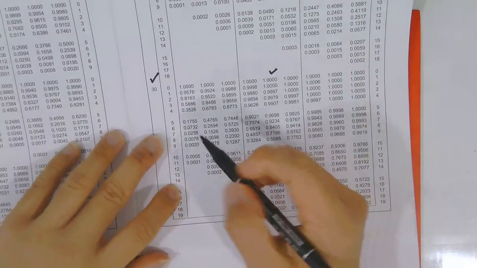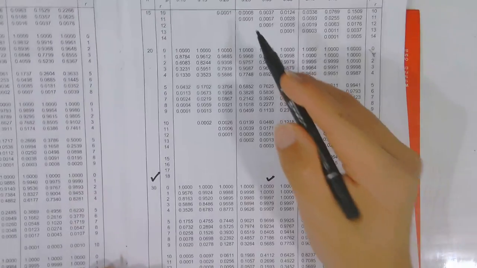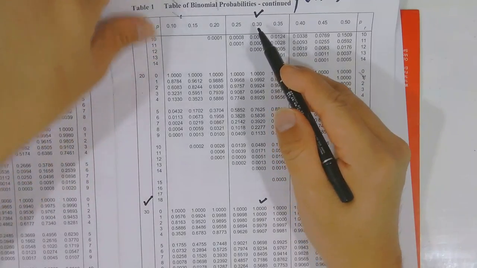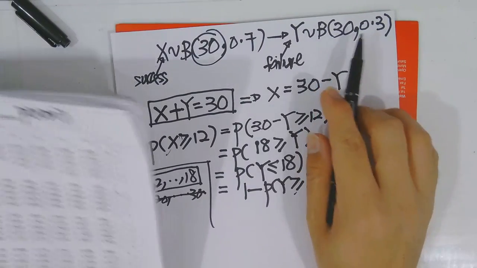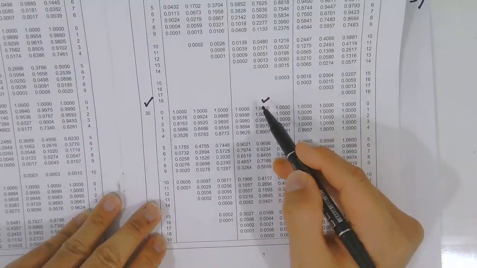Okay, and now I can find the value here. 30, 0.3 for this distribution now. Now we find it for y at least 19. So where is 19?